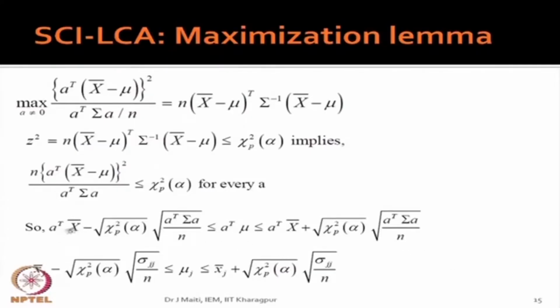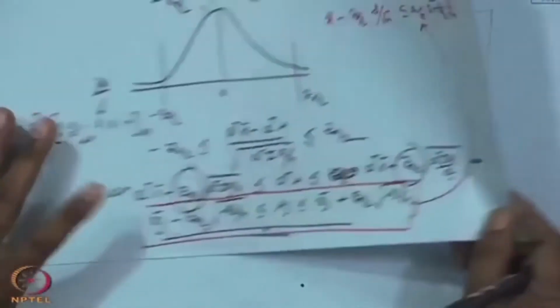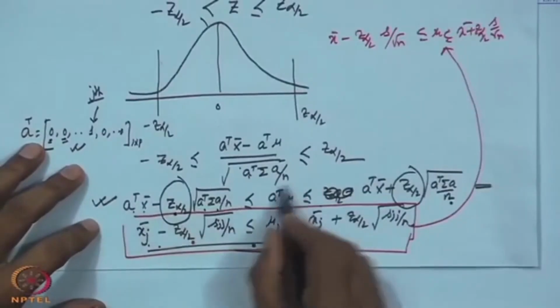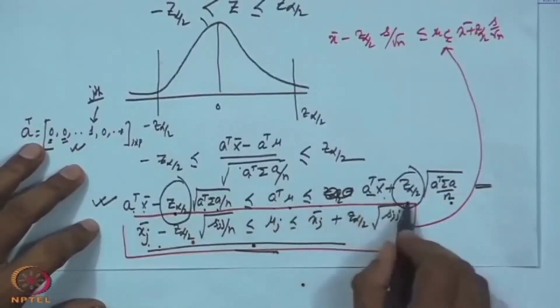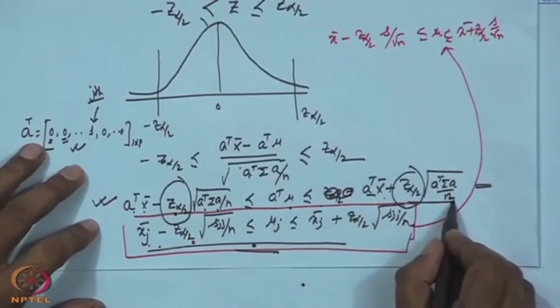You see this one, A transpose x bar minus chi-square of this, square root into this variability component, then A transpose mu less than or equal to A transpose x bar plus the same thing. The paper also has the same thing written: this minus this less than or equal to this less than or equal to this plus this.